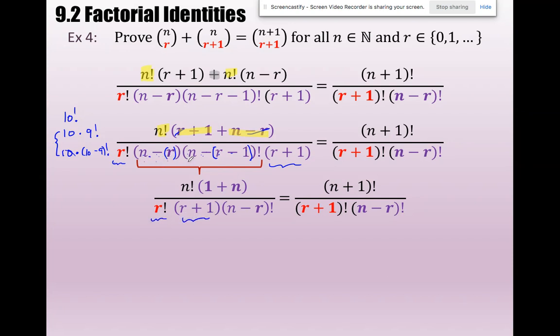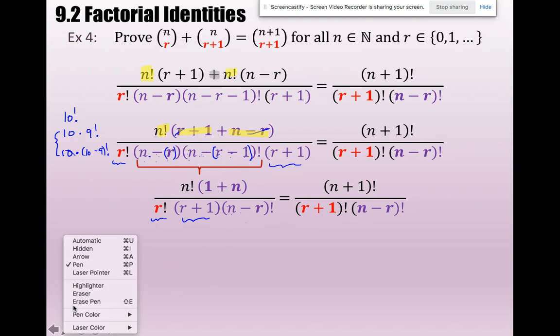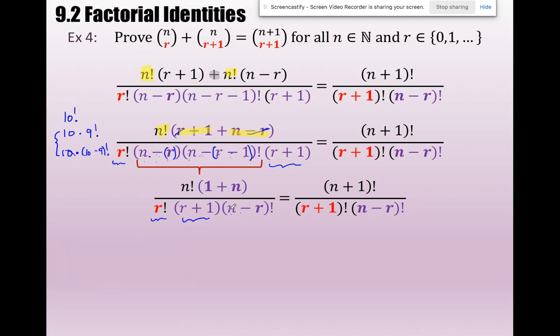But n minus r times n minus r minus 1 factorial collapsed back into just n minus r factorial. Why would I want to do that? Look at where I'm trying to go. Where I'm going had an n minus r factorial, so I'm part of the way there.